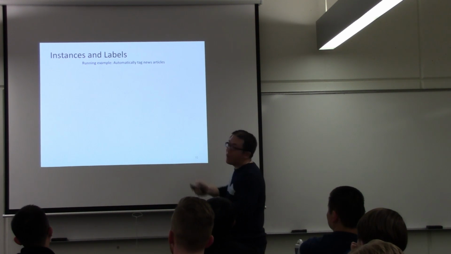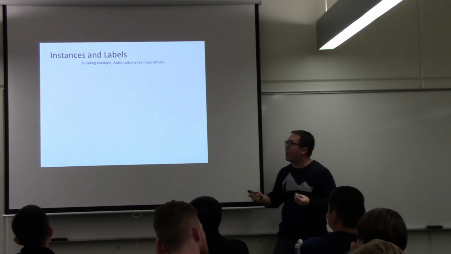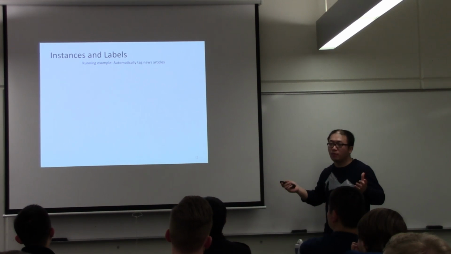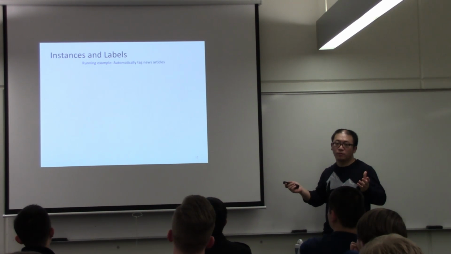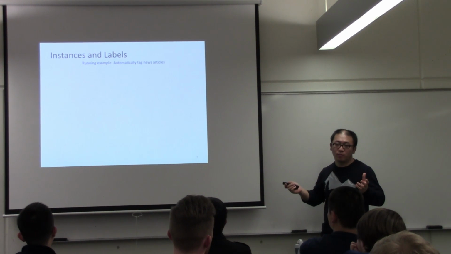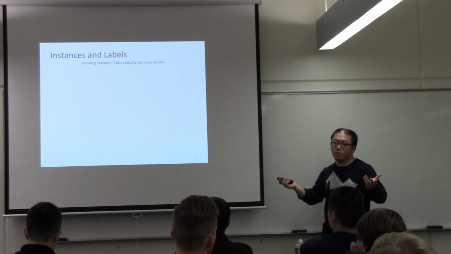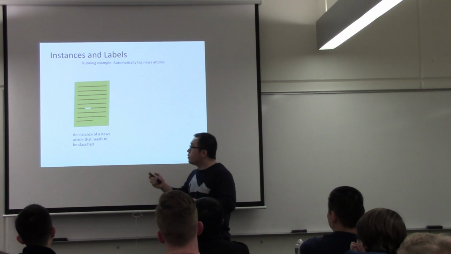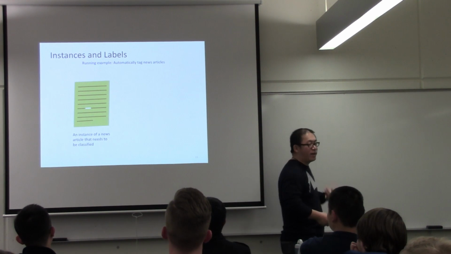For example, our task is to automatically tag news articles. Then what should be the instances? Yes, very simple, right? The instances should be all possible news articles that need to be tagged.